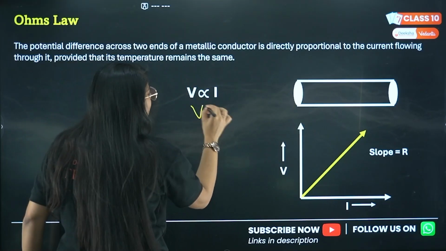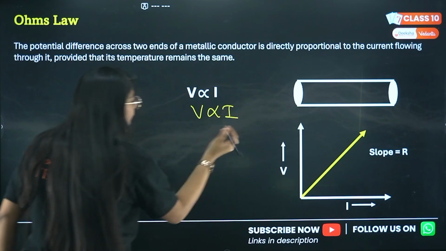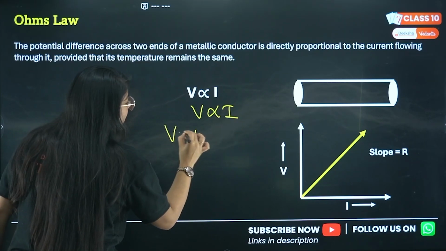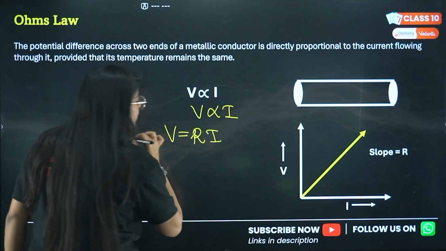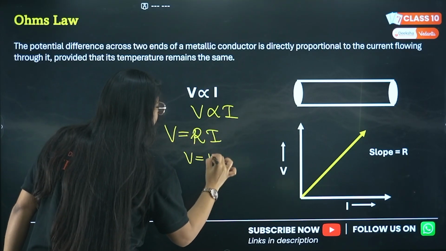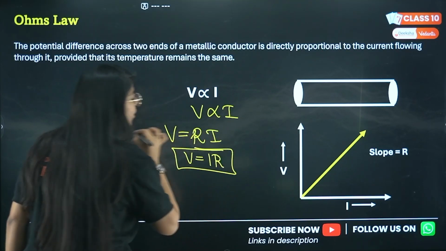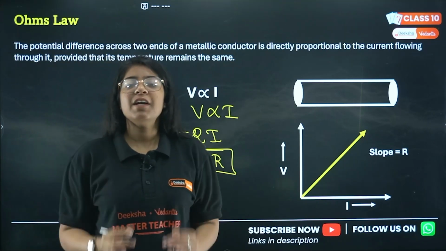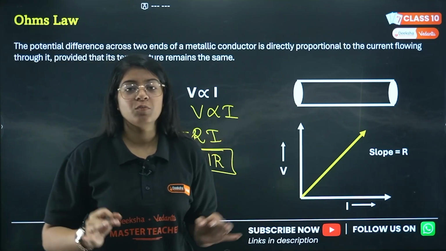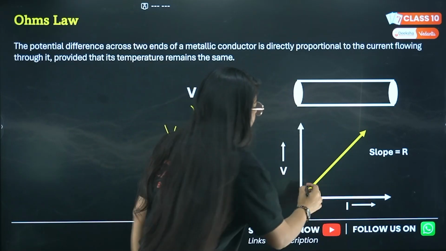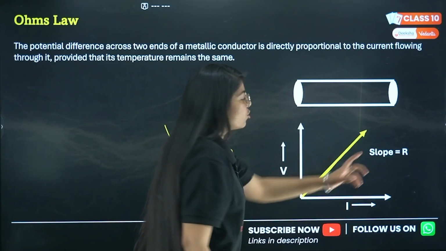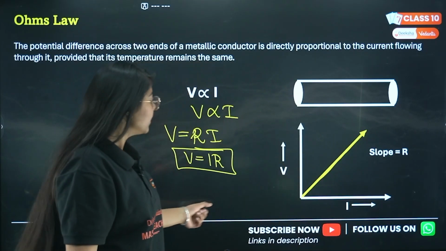That is, V is directly proportional to I. We take out this proportionality sign and put a constant in place of it, that is resistance. So V equals I into R is our Ohm's law. Very important formula, very important concept. And this is the V-I graph. It is a linear graph and the slope is given by R, right?